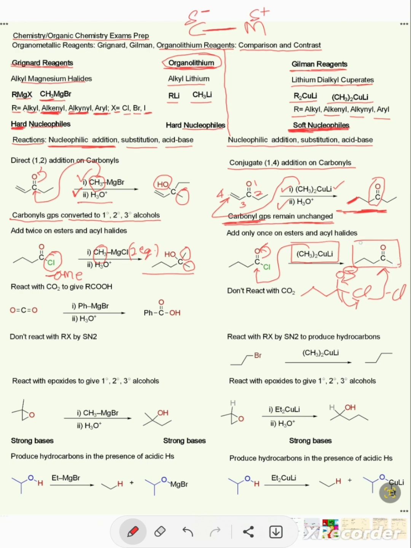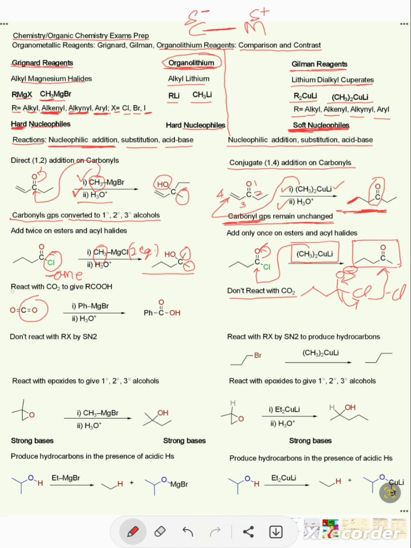As we see here, they would not directly attack the carbonyl carbon, and one can utilize that to the benefit of organic synthesis. Since they won't react with the carbonyl, the Gilman's reagent won't react with carbon dioxide, which has a carbonyl group.